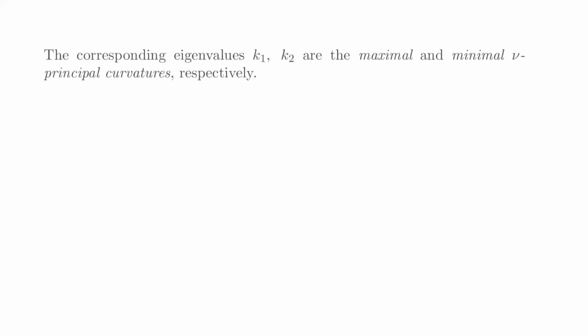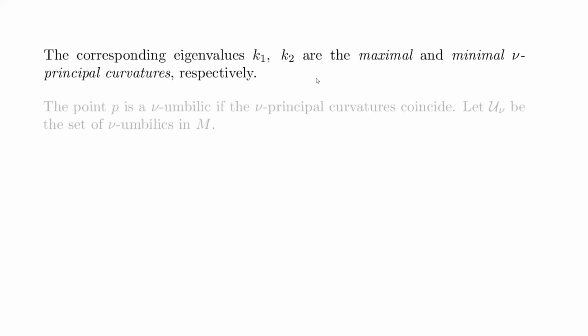So the corresponding eigenvalues of this operator, the shape operator, are called maximal and minimal curvatures. Look at the point that we say nu principal curvatures. There are extremal values of the second fundamental forms that take value in some directions in a similar way that it happened for surfaces in R3, as I have shown in some pictures.